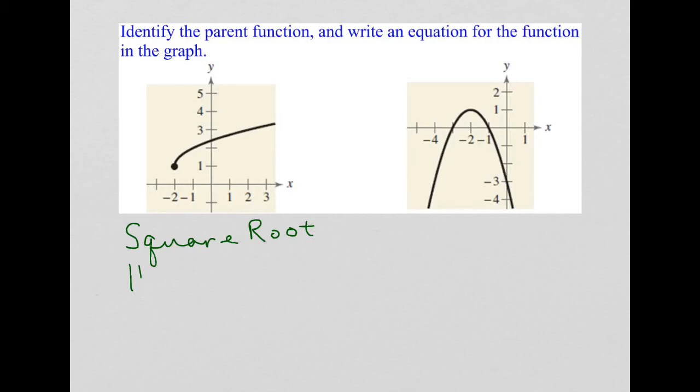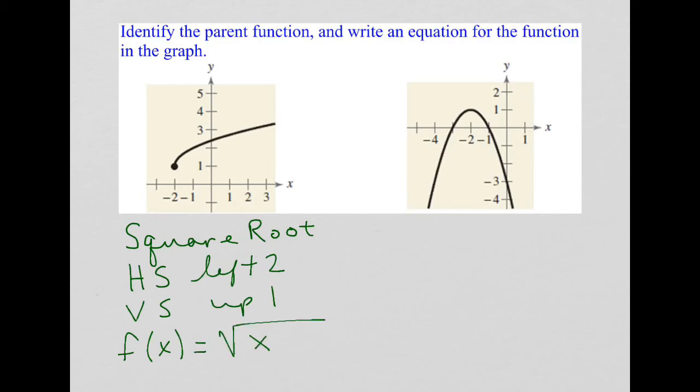We have a horizontal shift that goes to the left 2, and a vertical shift that goes up 1. So putting that into our equation, we know that f of x is equal to the square root of x plus 2, that gives me my horizontal shift, plus 1, and that gives me my vertical shift.